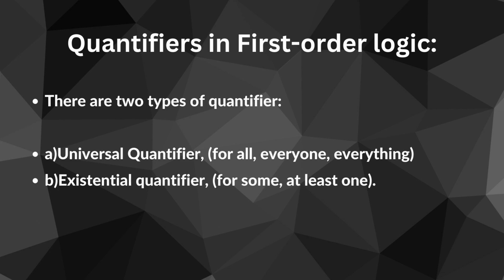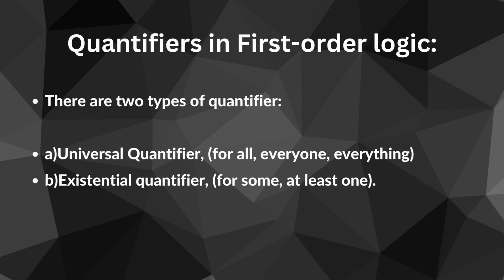First is the universal quantifier. This quantifier is associated with phrases like for all, everyone and everything. It asserts that a given statement holds true for every individual within the universe of discourse. Second is the existential quantifier. This quantifier is related to phrases like for some and at least one.